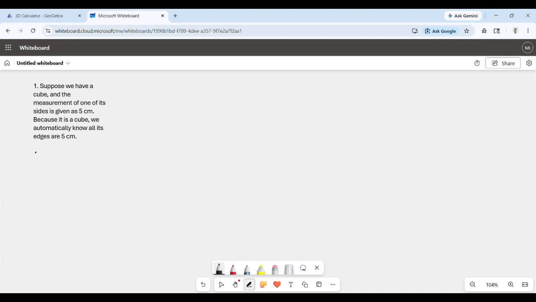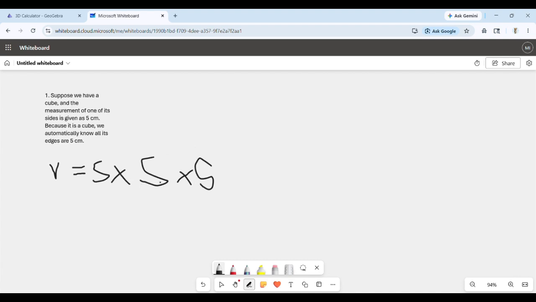Step 1, state the formula. So again, the formula is V equals S times S times S.